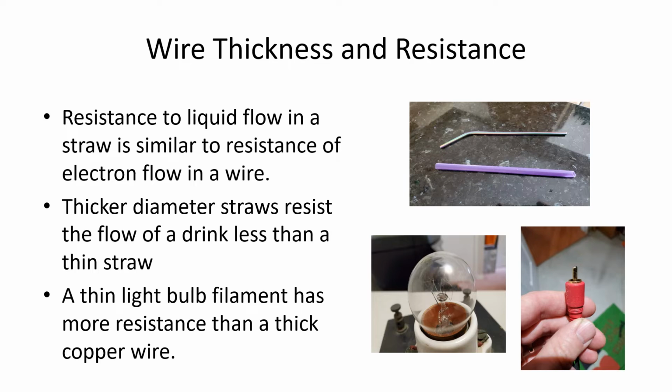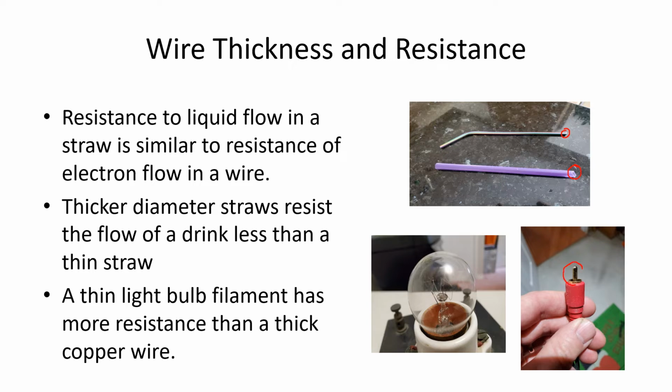The analogy again works with straws, and you can think of liquid or air going through the straw as the analogy to the electrons flowing through. The diameter of a straw, if it's bigger across, allows more water or more air to pass through. It's the same thing with metal wires.